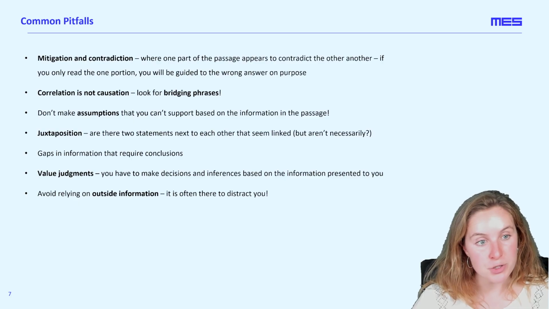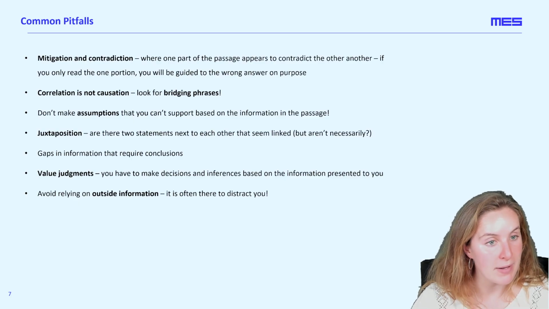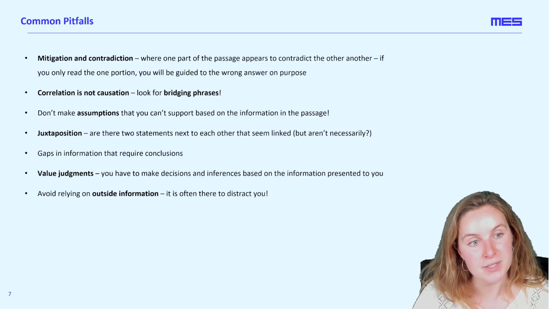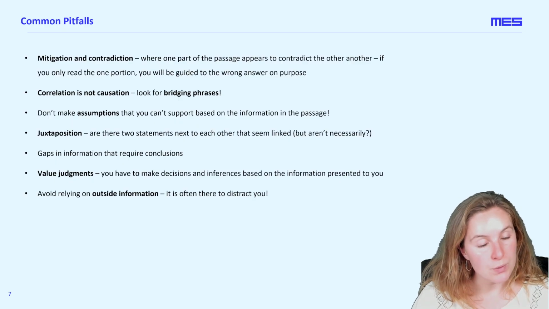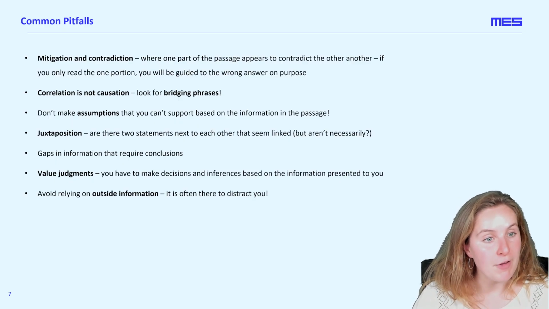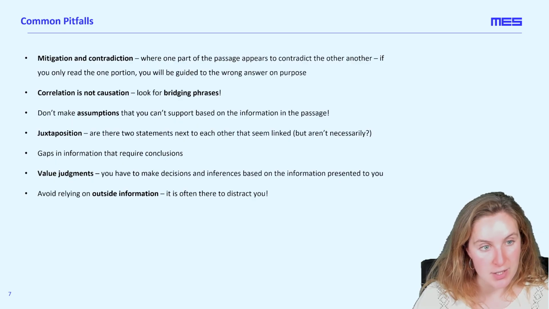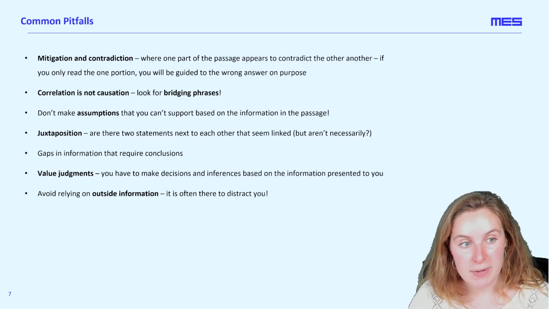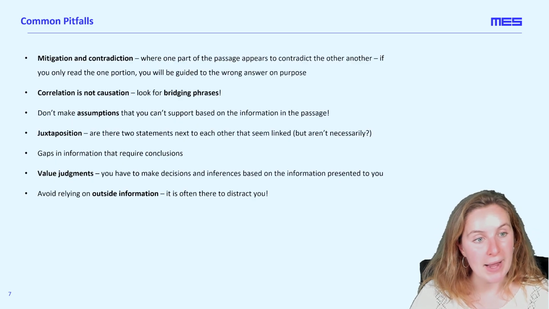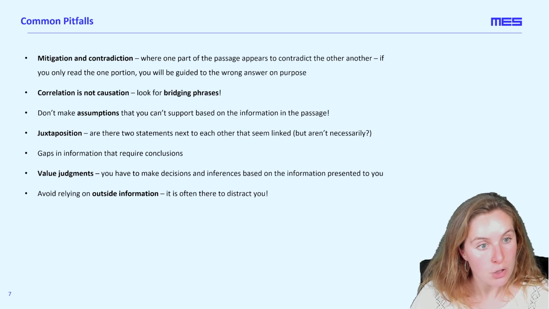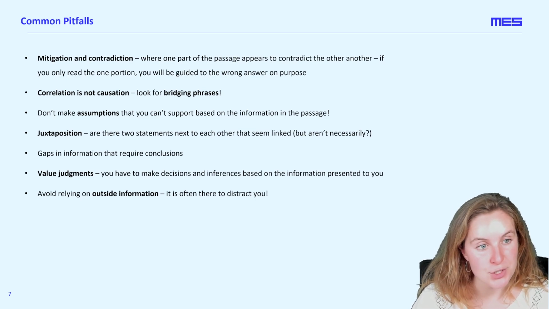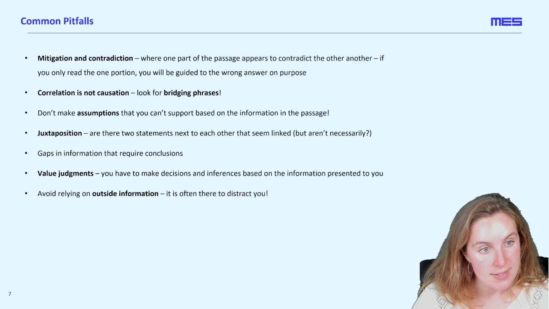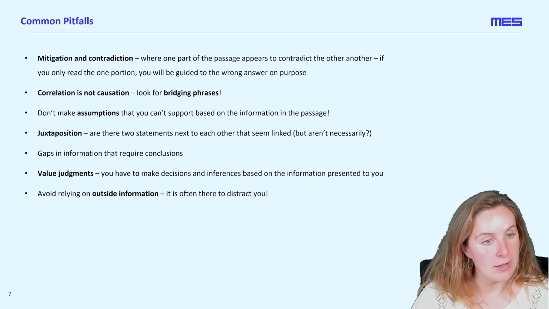There may be logical conclusions that you might be able to make in the real world about the information you're being presented, but you need to be mindful of the very careful language in this section that may guide you towards making assumptions that, if you look back at the passage, cannot be 100% confirmed by the passage itself, in which case you're being guided towards the wrong answer.